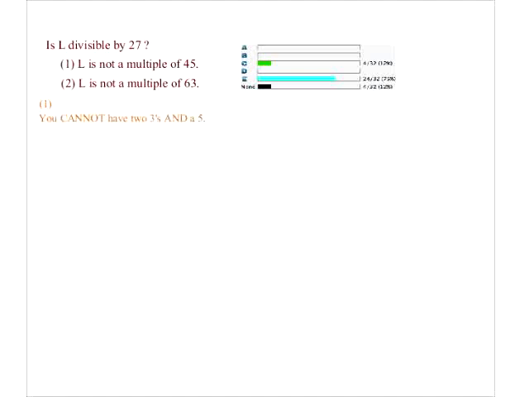Okay, so what this means is you can either have 0 or 1 3s plus any number of 5s plus anything else.